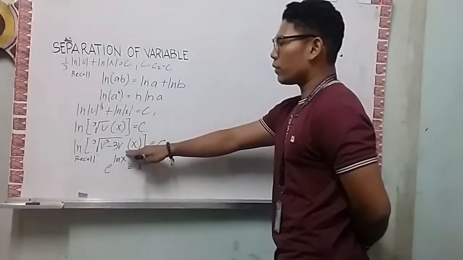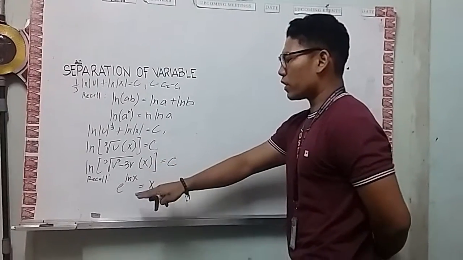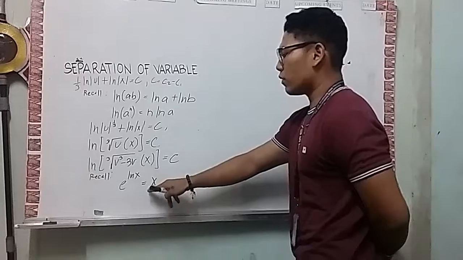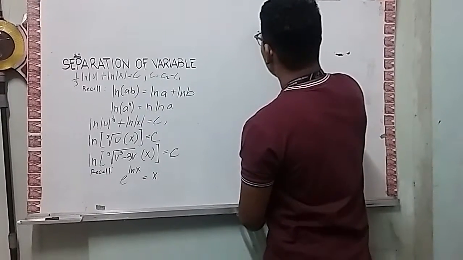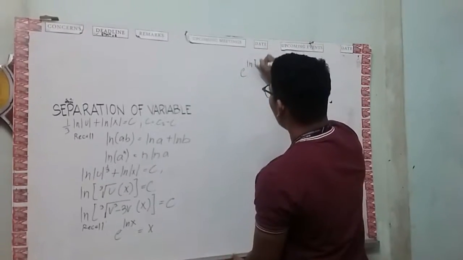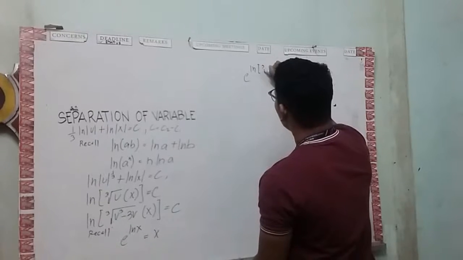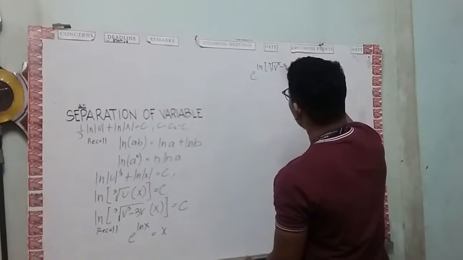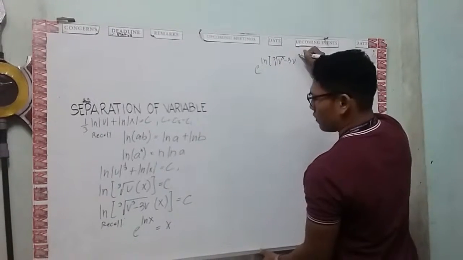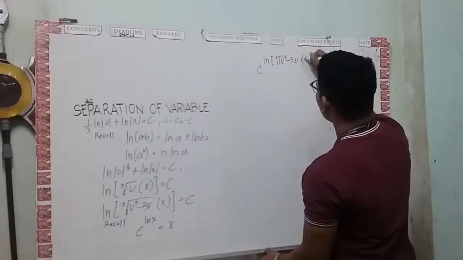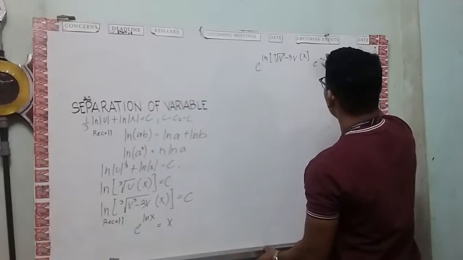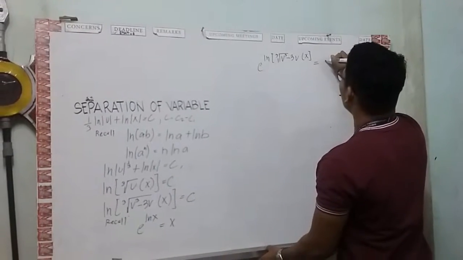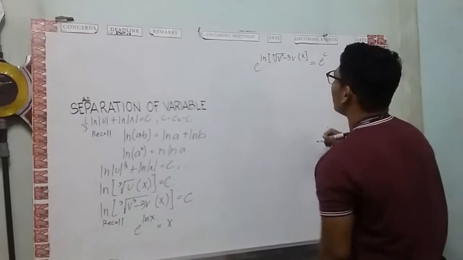Let's apply the exponential function to this equation, using the property that e to the ln x equals x. So ln of the cube root of (v cubed minus 3v) times x equals c becomes e to the c.